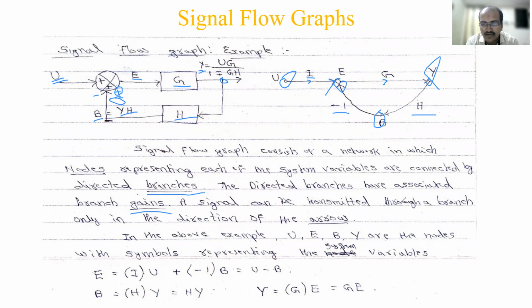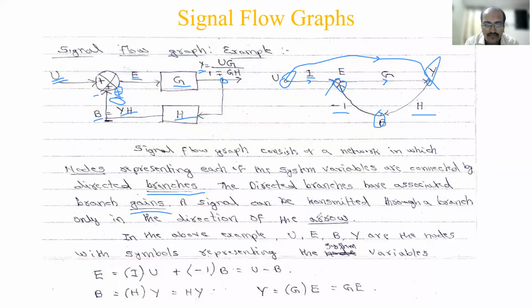A signal can be transmitted through a branch only in the direction of the arrow. So whatever signal you have to transmit goes only through that path. From U to Y you have to go, and only one path is there: U to E, E to Y. In case you have an alternative path shown above that, then we can say this is a direct path, U to Y. It will transmit only through the direction of the arrow.